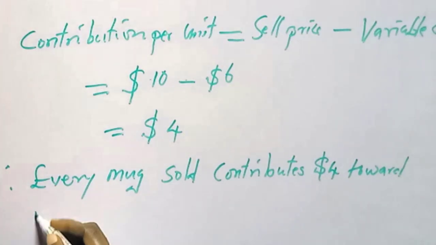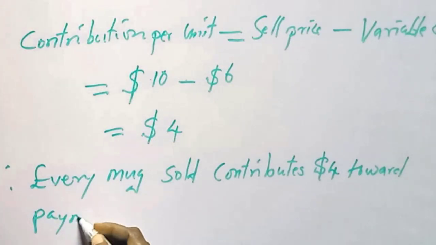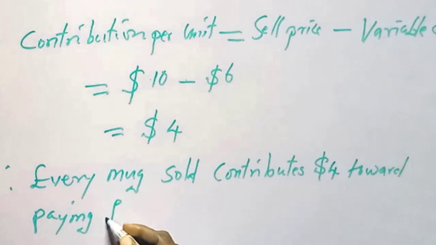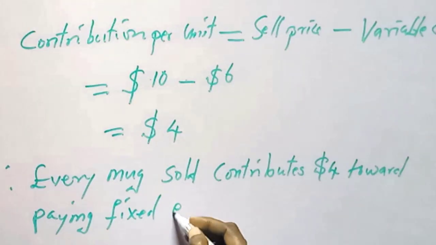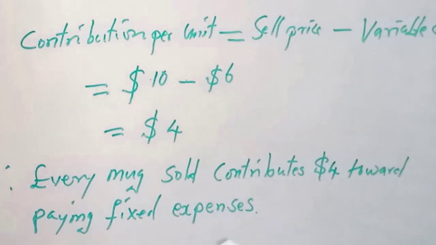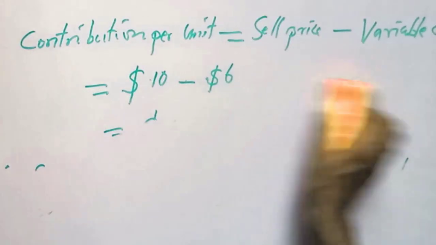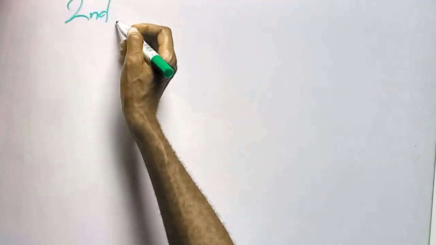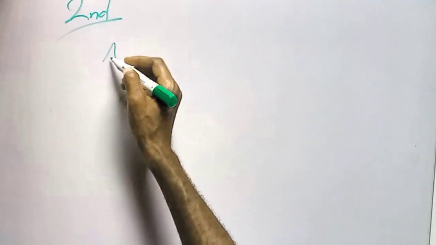Here now comes verification. This implies that every mug sold contributes $4 towards paying fixed expenses. Applying break-even formula.